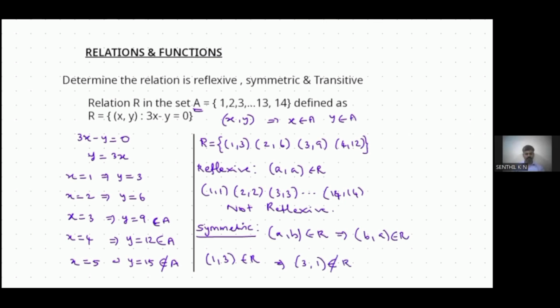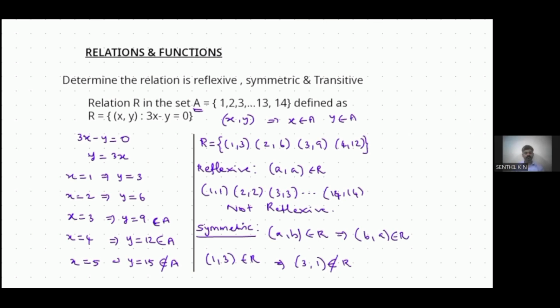So every element of R must satisfy this condition. Here, there is no reversed element for (2, 6), and there is no reversed element for (3, 9). Like that, there is no reversed element for (4, 12). All elements of R should satisfy this condition.